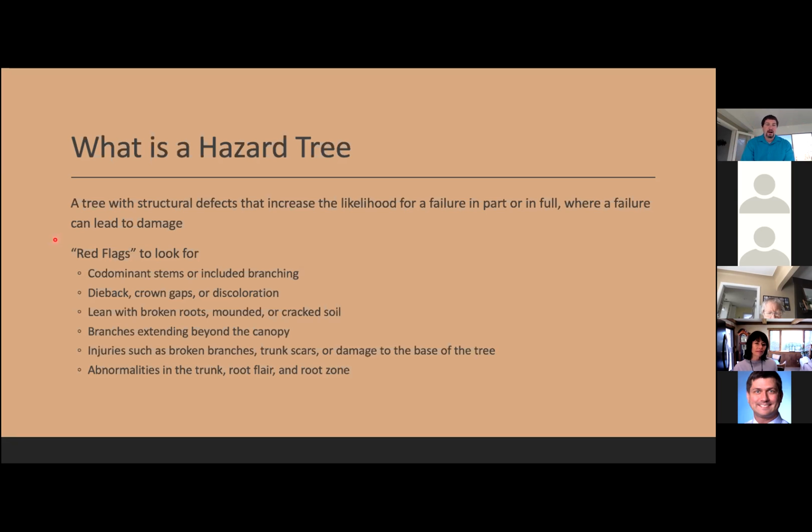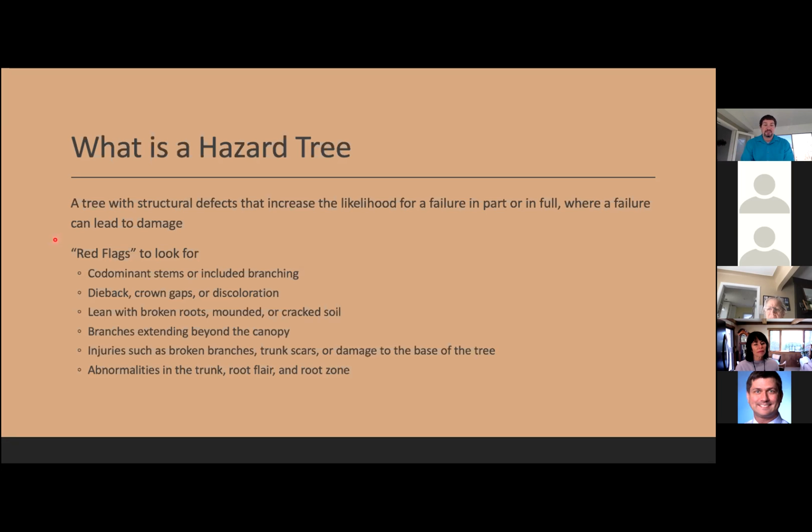If you have dieback in the crown, if you have gaps in the crown, if you have discoloration like chlorosis in the street trees, like we were talking about a little earlier, if it's leaning and it's got broken roots, if it's got mounded or cracked soil at the base, those are all reasons to think that maybe in that storm last week, one of the big structural roots broke and now it's starting to lean and it doesn't have the same foundational support that it used to.